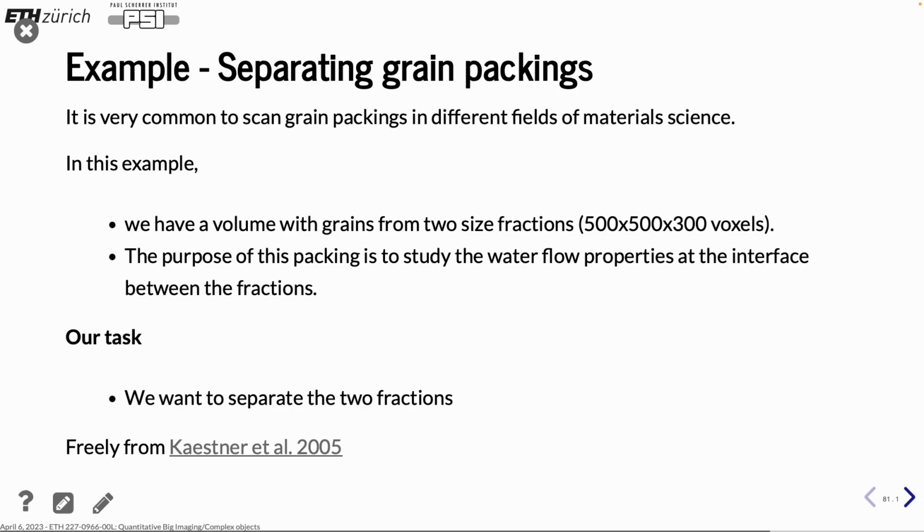What we have is a problem with two types of sand grains with different size distributions. The volume is 500, 500, 300 pixels big, and the idea is to study the interfaces between different grain size distributions. What we wanted to do is to identify where we have separation between these two sand fractions.